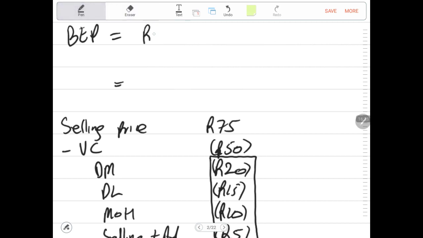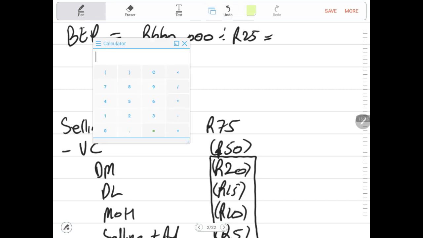Our total fixed cost is 660,000 rand divided by our contribution per unit of 25 rand per unit. Therefore the units that we need to sell in order for us to be at the break-even point is a total of 26,400 units.